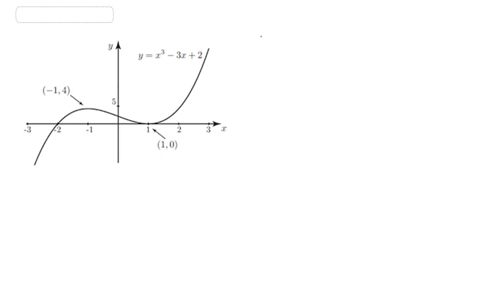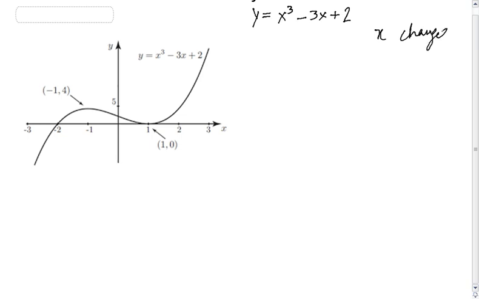So we have y is equal to x cube minus 3x plus 2. What we can see here is as x changes, y changes.